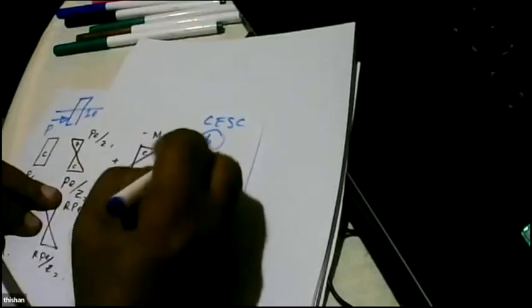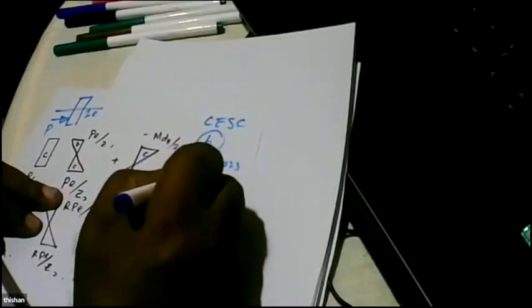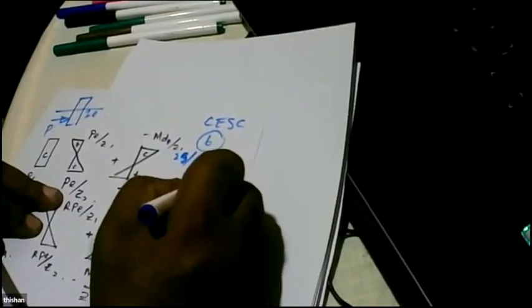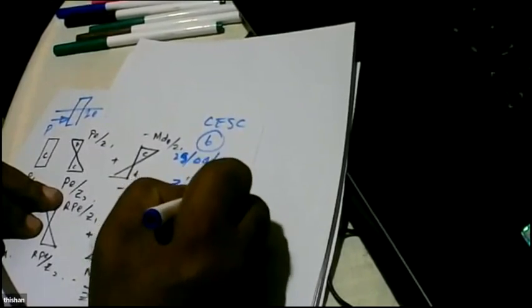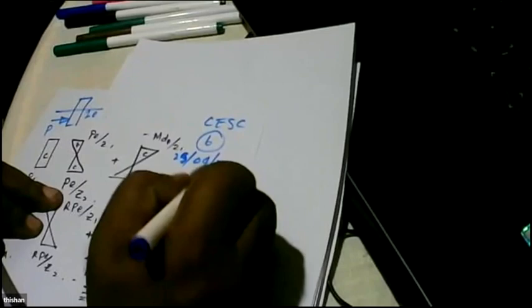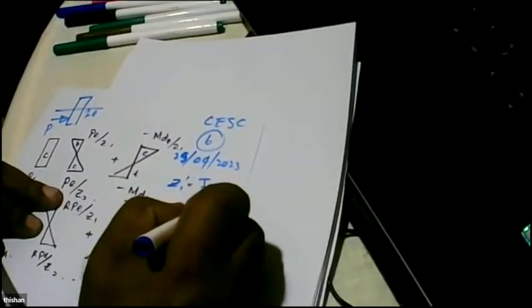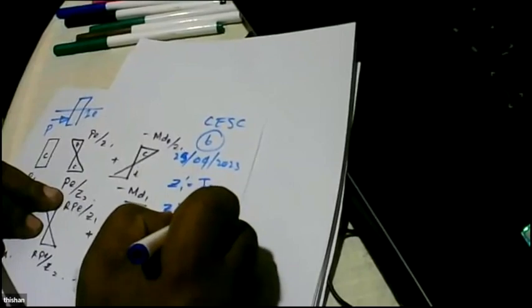So these values will be Z1 dash will be I composite divided by Y1 dash. Z2 dash will be I composite divided by Y2 dash. And Y1 dash will be a smaller value, Y2 dash will be a bigger value than Y2.